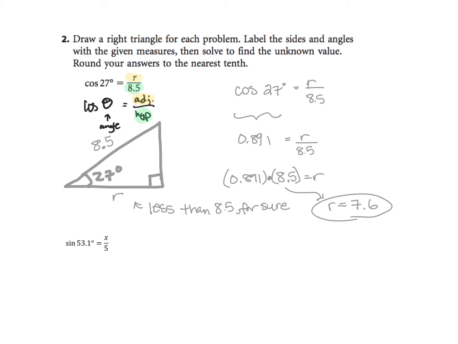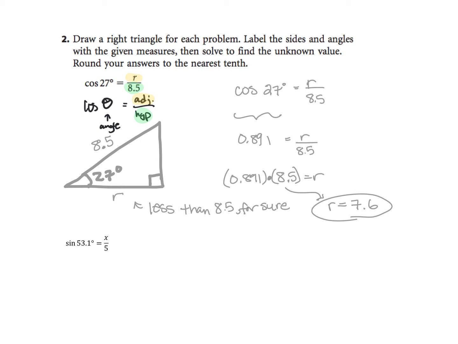And I know that because the angle here is 27 degrees. So this triangle was drawn with an angle of 27, and then I intentionally labeled the adjacent side to that 27 as R, and the hypotenuse as 8.5. Once you've got that, then you can start solving for that unknown value.